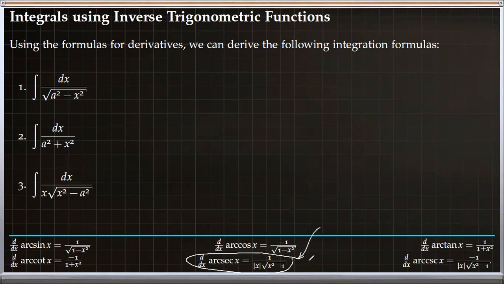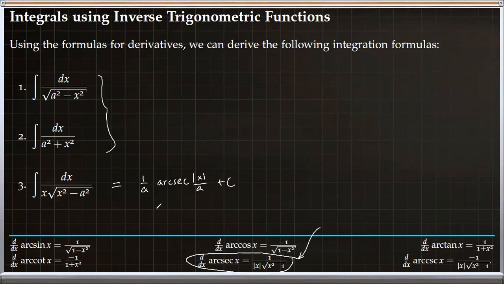Using the same idea and using this formula for the derivative, we can prove that this will come out to be 1 over a arc secant of the absolute value of x over a plus constant. The proof for this one is very similar to what we did in the first two integrals, but we're going to skip that here.